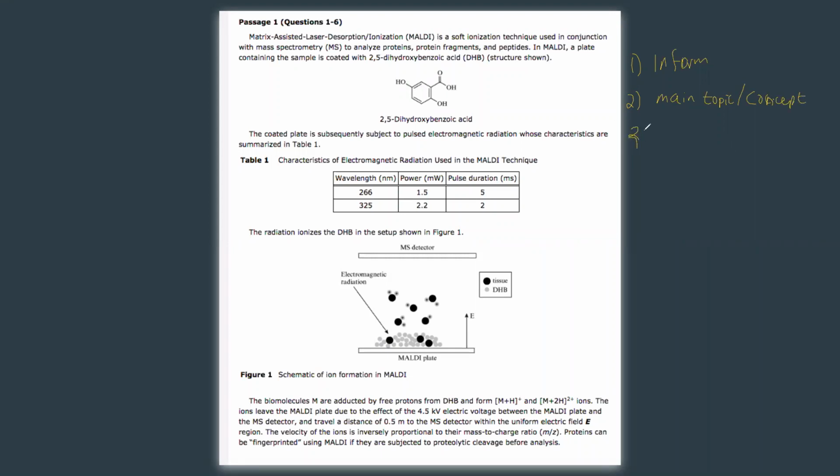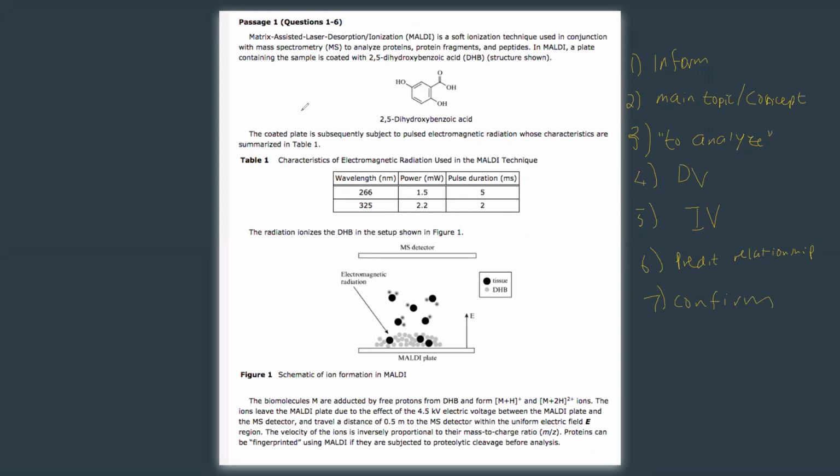Then we have to figure out what they are looking to analyze or determine, then find the outcome, which is the dependent variable, and then the independent variable at some point. We need to predict the relationship that's going to be there, and then ultimately confirm it somehow. So these are the 7 things that we have to do.